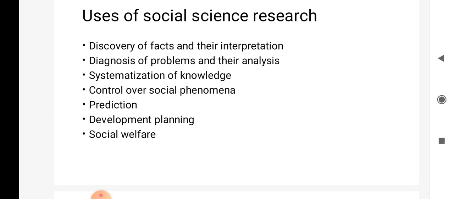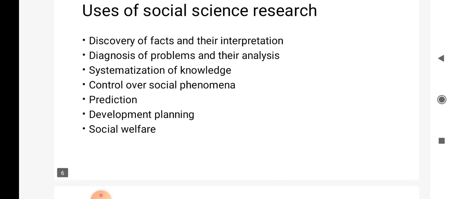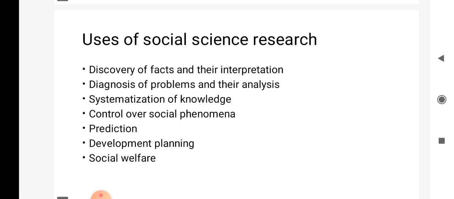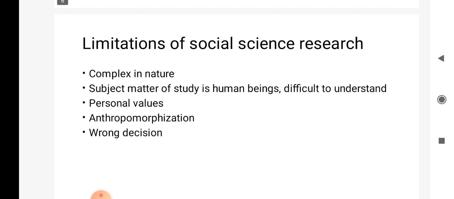When you plan and control the various activities, then you can undertake some developmental activities and contribute to the social welfare or welfare of the people in the society, and you can lead to sustainable development of the society and the economy. These are the uses of social science research.